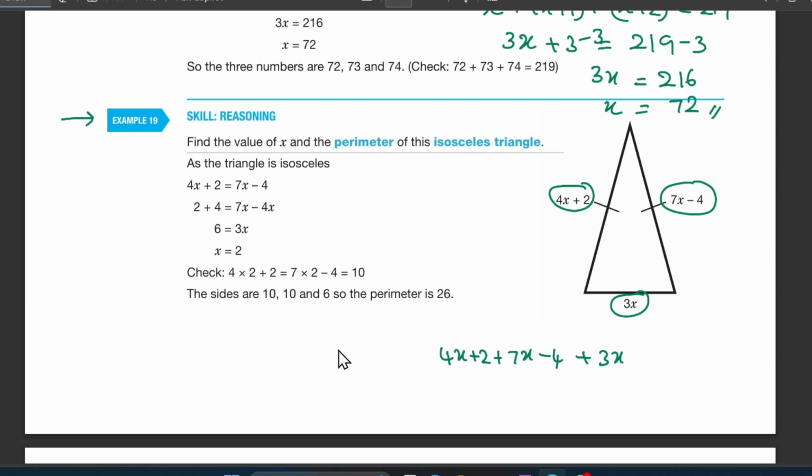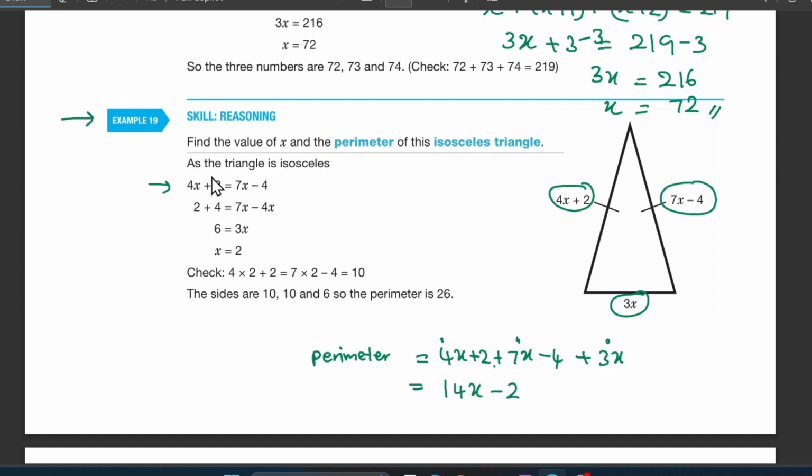This is the value of the perimeter. So I can get 4 plus 7 plus 3 is 14x. 2 minus 4 is minus 2. And here they have given an equation. Using this we can find the value.